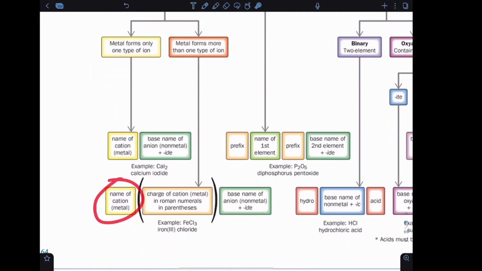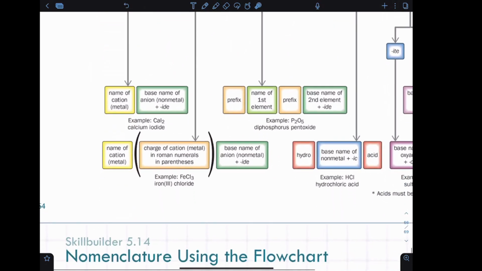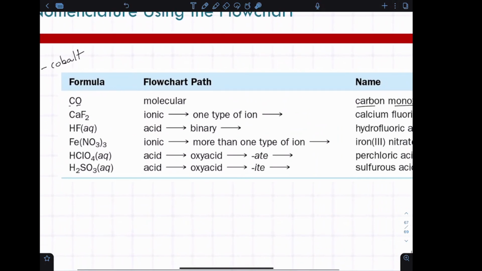We say, okay, name of the cation, the metal here, so iron, and then whatever the charge is, using Roman numerals in parentheses. And then the base name of the anion plus IDE. Now we've got to figure out, and this was something we did last week, what the charge on iron is.